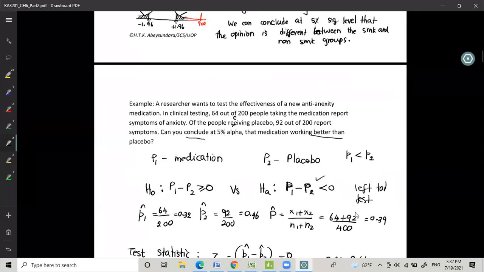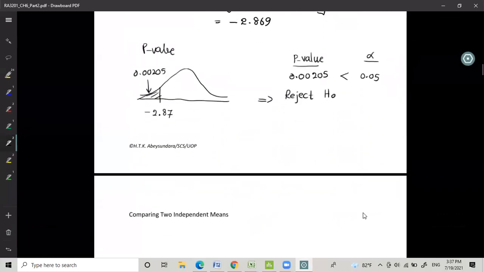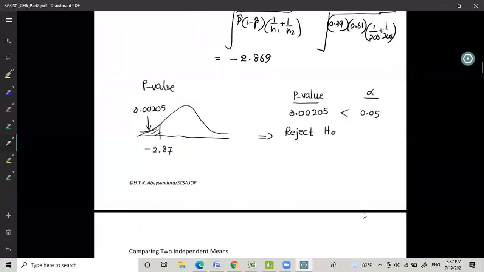Is that clear? So reject H0, that means the proportion of symptoms among those who got the medication is lower than the placebo group. That means the medication is actually working properly, or it is effective.